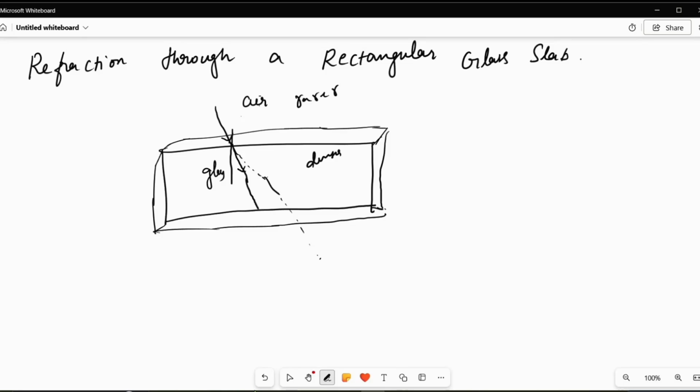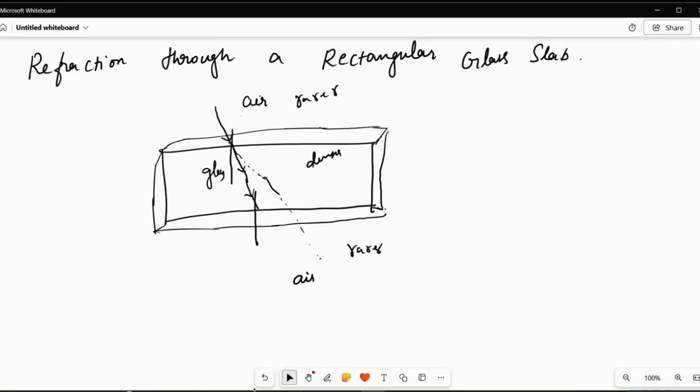Now, again, it is incident on the other face of the rectangular slab. So now this refracted ray will be the incident ray for the second face. Now light is going from denser to rarer, correct? Because it is going from glass to air. From the glass slab, it is trying to go back towards the air.